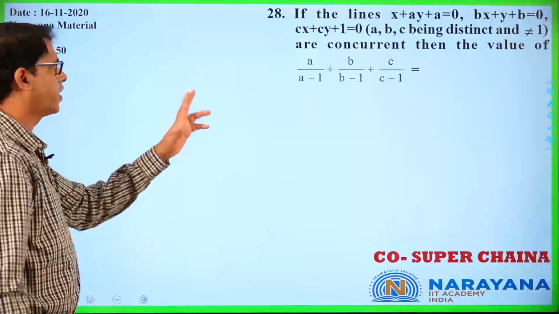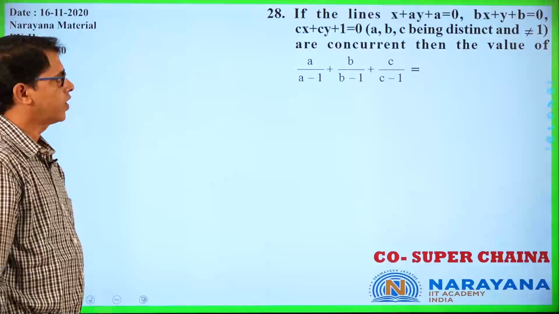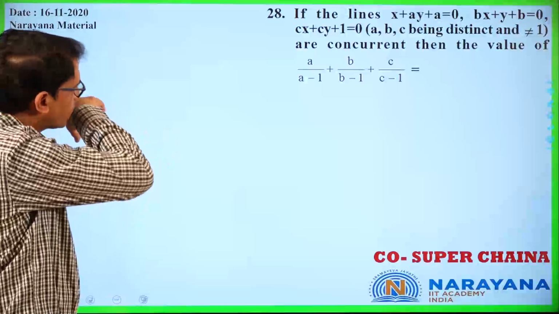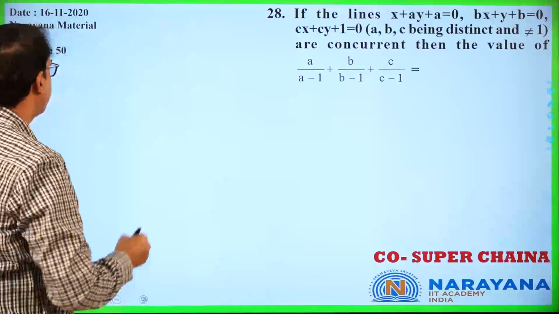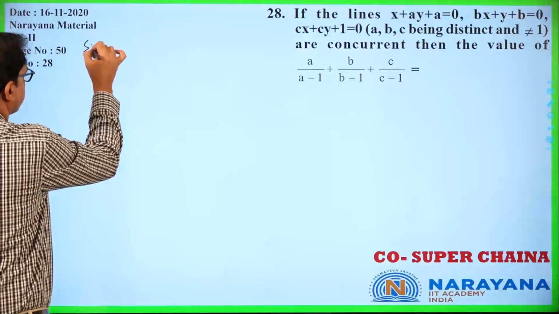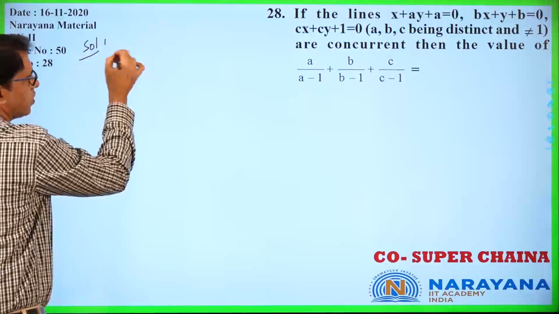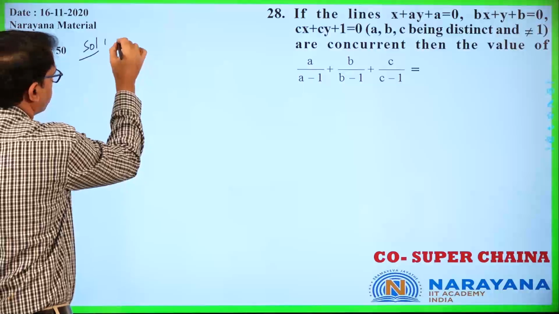See, again lines are concurrent. But lines are different. See, given lines. So given lines are concurrent.